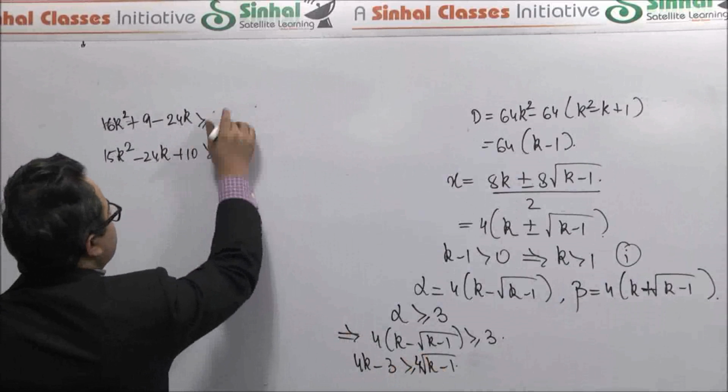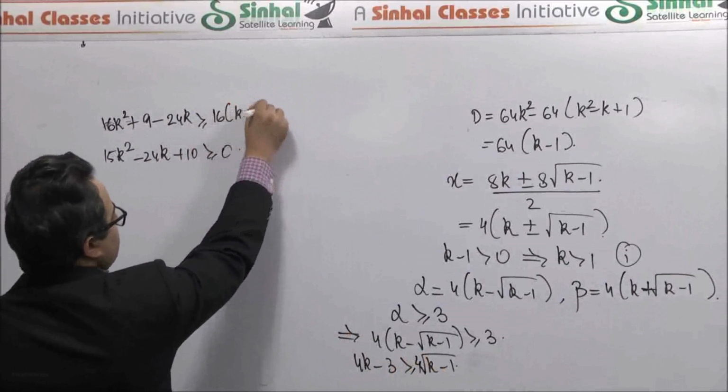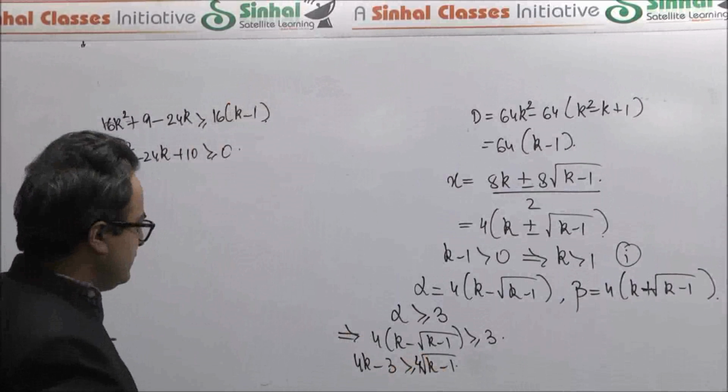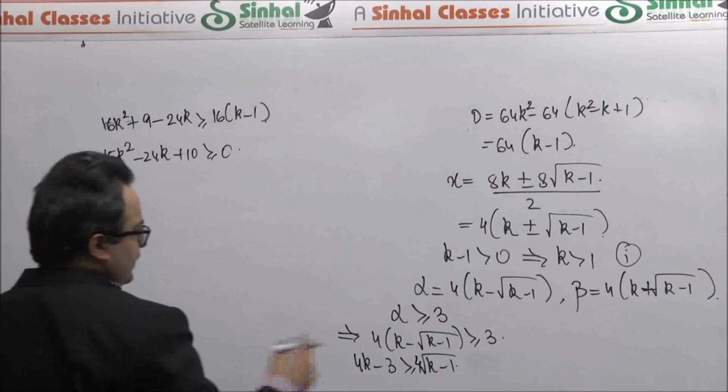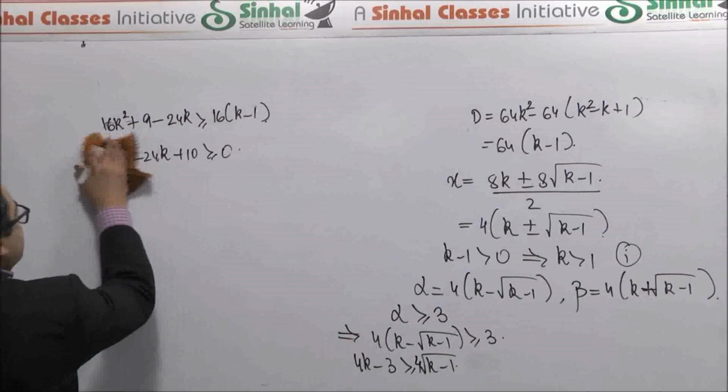Sorry, 16. 4k minus 3 is equal to 4 root k minus 1.